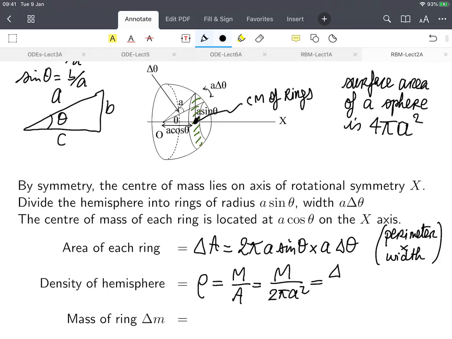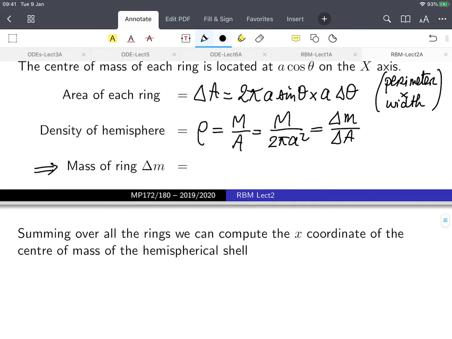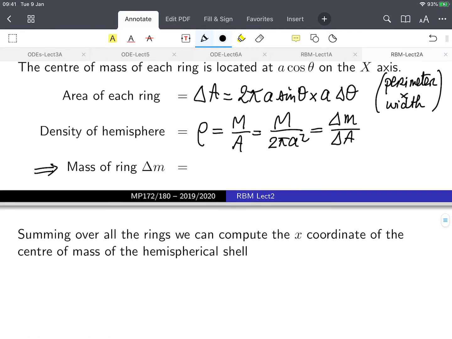Right? It's going to be delta M over delta A, where delta M is the mass of the ring. So from this equation I've just written here, I can find delta M. Delta M is going to be rho delta A. So that's going to be M over A squared.